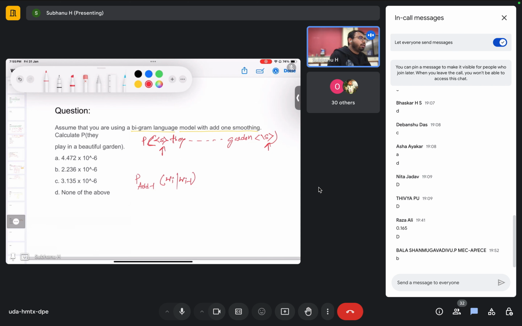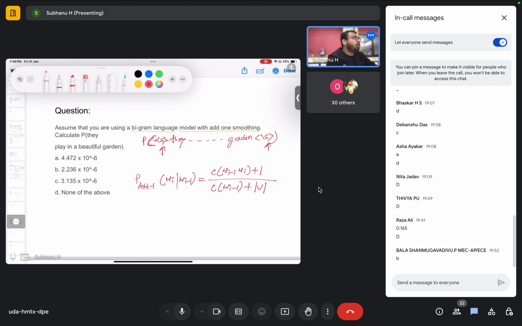It is written like this. Then we count the number of wi minus one wi plus one, and wi minus one, and so on. This is the formula for us to calculate add-one smoothing.